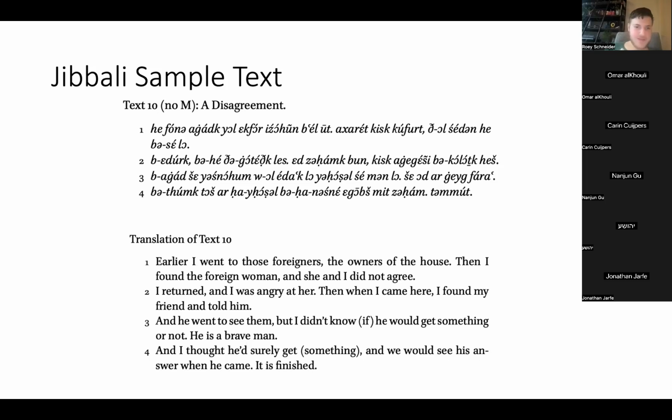And this is a sample text in Jibali with its translation to make it easy for everyone. Hefone aradk yol ekfor izohun brail ut.